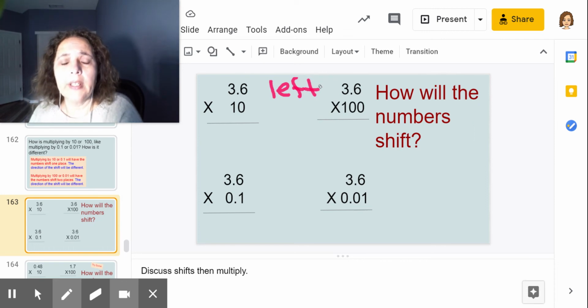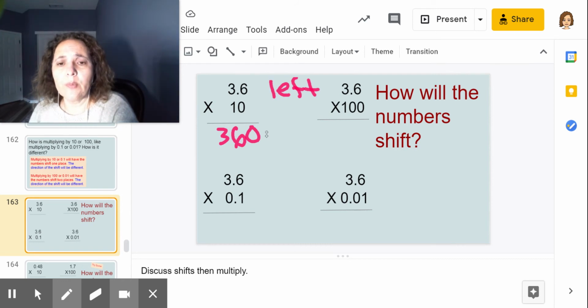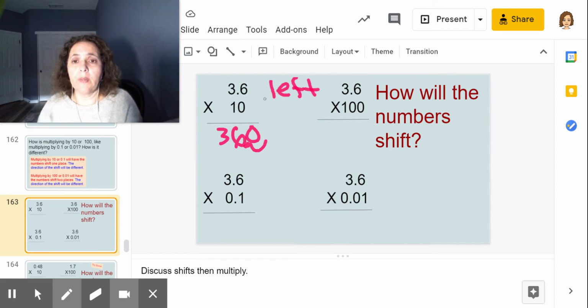When I multiply by tens, I ignore the 0 and the decimal, so it's just 36 times 1, which is 36, and then bring back my 0. Now I'm going to add my decimal, 1 decimal place, so it becomes 36. So notice 3.6 becomes 36. It is bigger because the digits shifted over 1 place to the left.